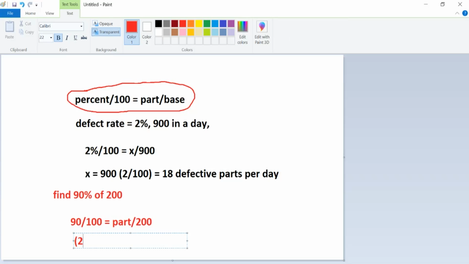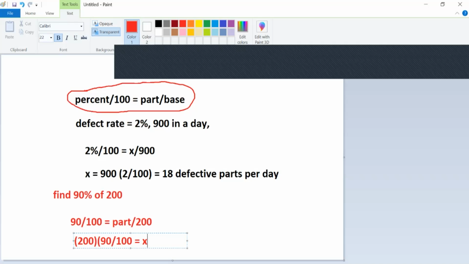On the left-hand side, it's going to be 200 times 90 divided by 100, and what I have left on the right-hand side is the part, or X. I'm solving for X. You take the 100 divided into 200, get 2, times 90 is 180.